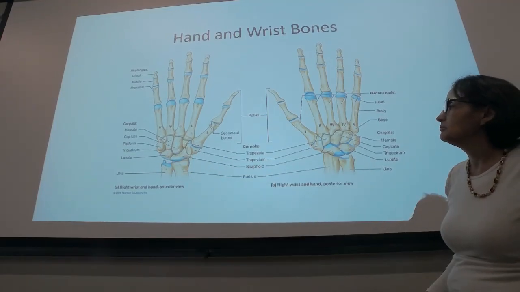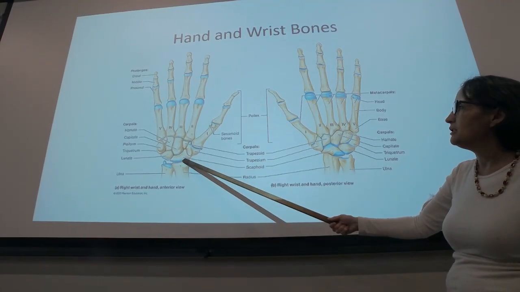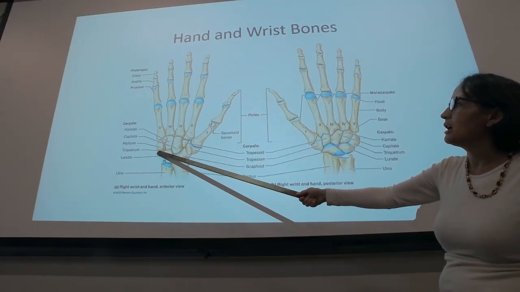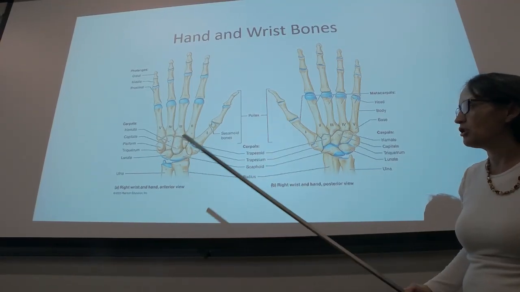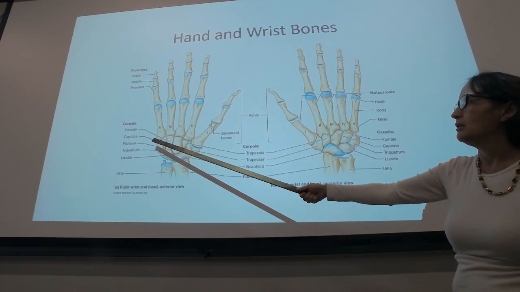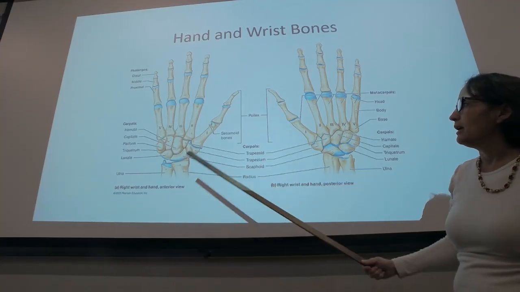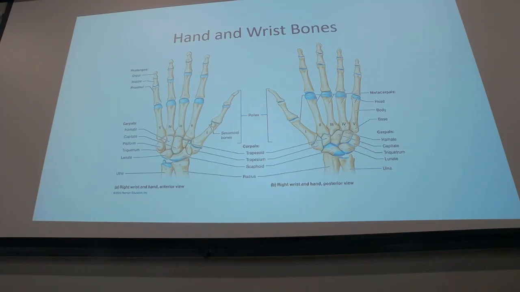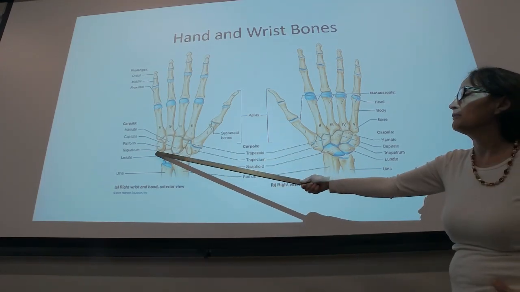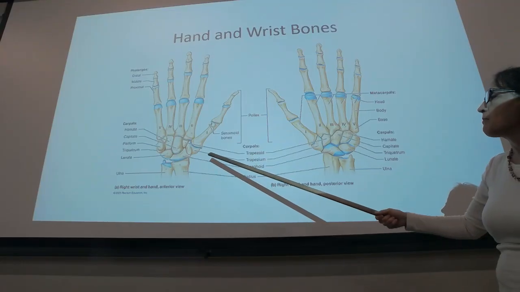Sally left the party. Scaphoid, lunate, triquetrum, and pisiform. That's the proximal row, from lateral to medial. Are the last two stacked on top of each other? Yes. The pisiform is on top of the triquetrum.